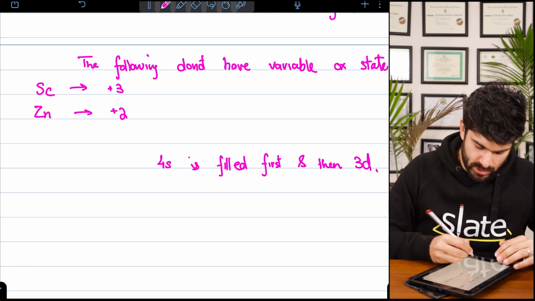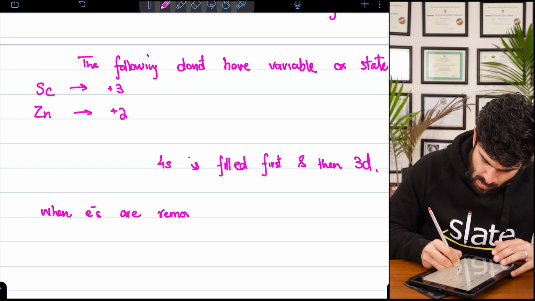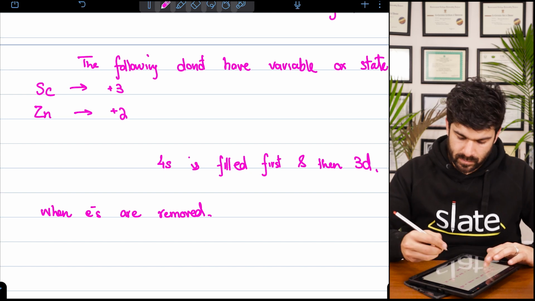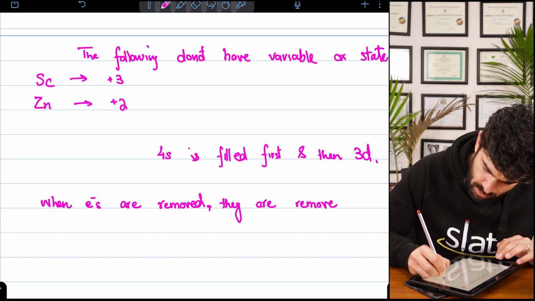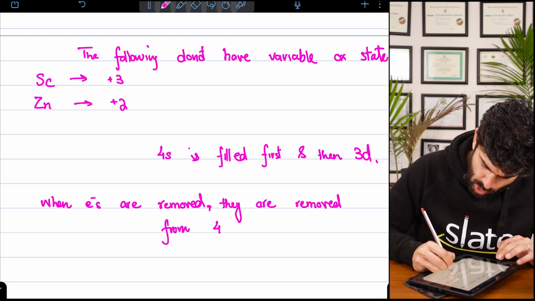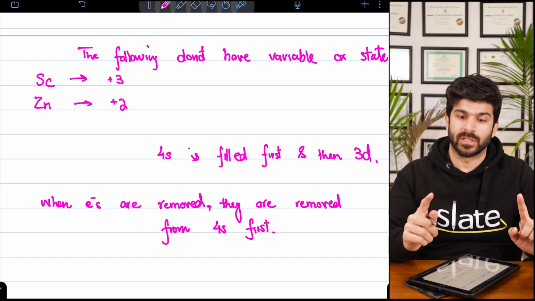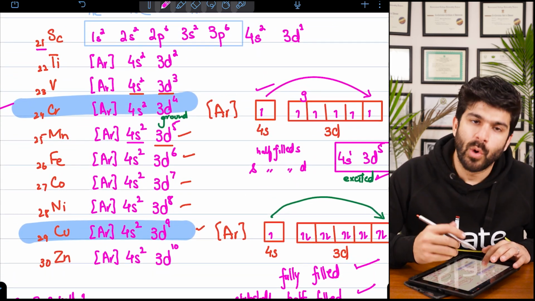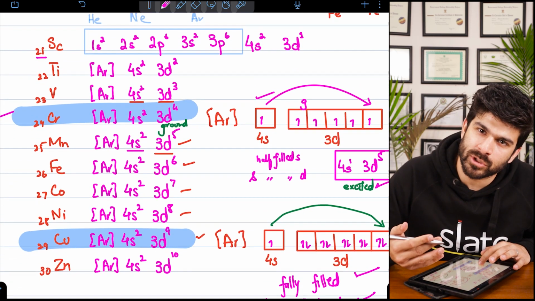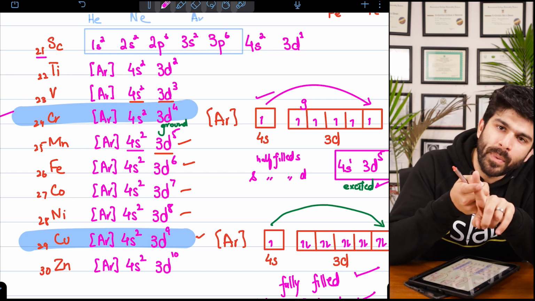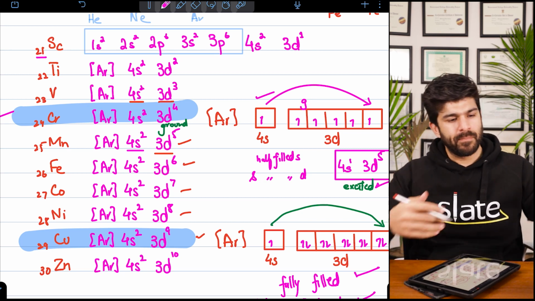But when electrons are removed, they are removed from 4s first. So all of them will remove their first electron, first two electrons. That is why they have variable oxidation states. First, the s orbital loses its electrons, and then the 3d comes and plays its part.